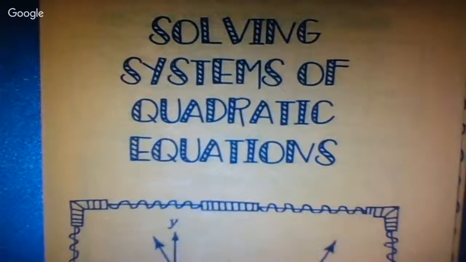First off, what does the word systems mean? More than one. When we're doing a system, we're looking at more than one.